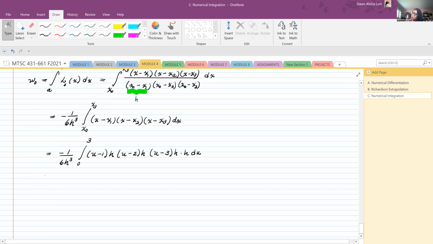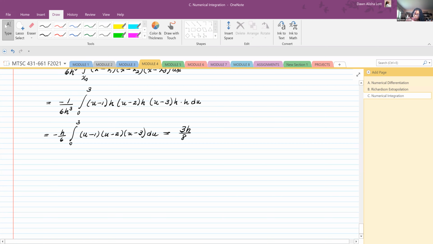Okay, this gives me minus h over 6, the integral from 0 to 3 of (u minus 1)(u minus 2)(u minus 3) du. And miraculously, this becomes 3h over 8 without me even remembering how I got that.